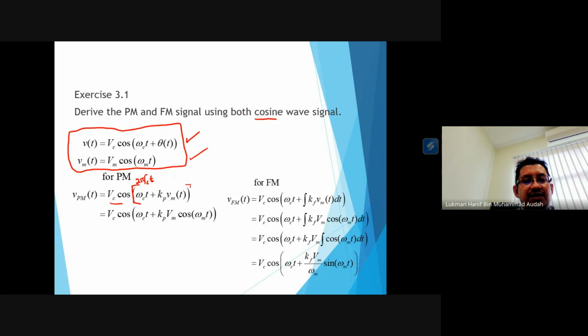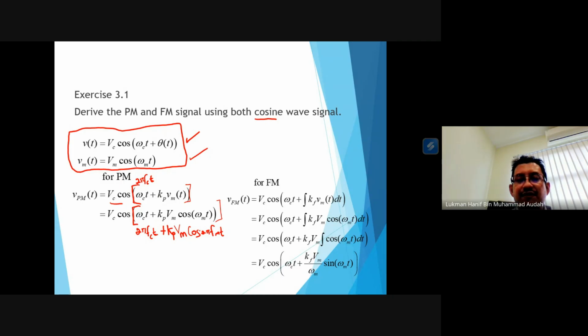We can define this as Vc cos(2 pi fc t plus Kp, the phase deviation sensitivity parameter, times Vm, the peak amplitude of the modulating signal, cos 2 pi fm t), and then close the big bracket. This is for PM, phase modulation.